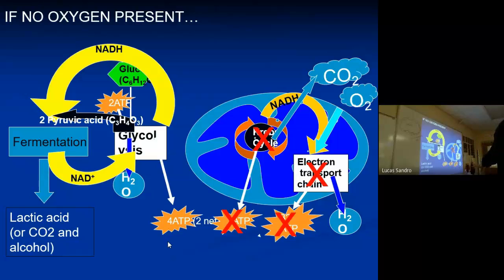Now, we'll talk about exercise tomorrow, but if you're pacing yourself right, if you're a distance runner, in it for the long haul, you do some fermentation at first. There's no way around it. But you go slow enough and you pace yourself enough that eventually the oxygen catches up and starts working, because you increase your blood supply and your heartbeat and all that.